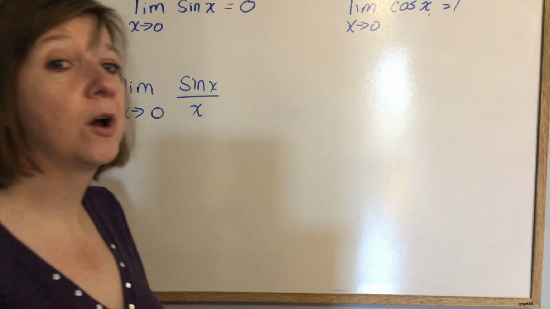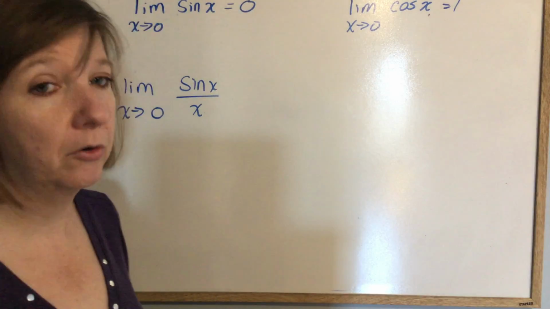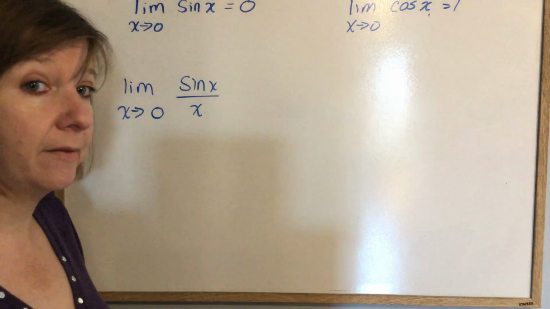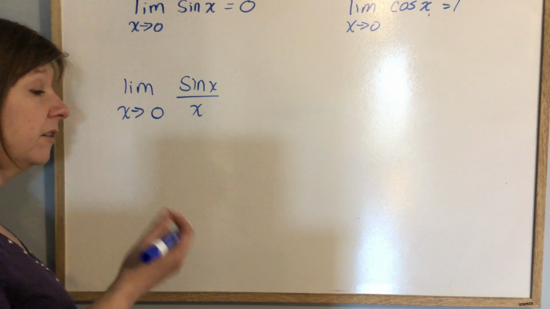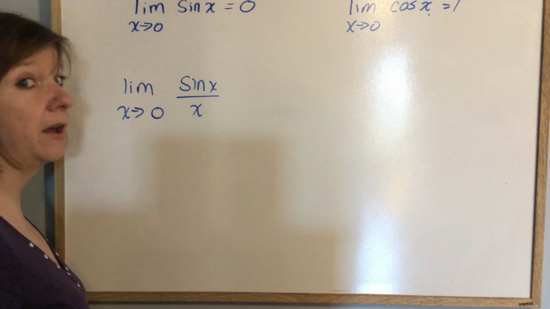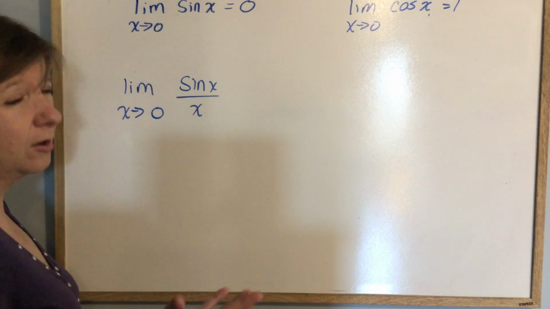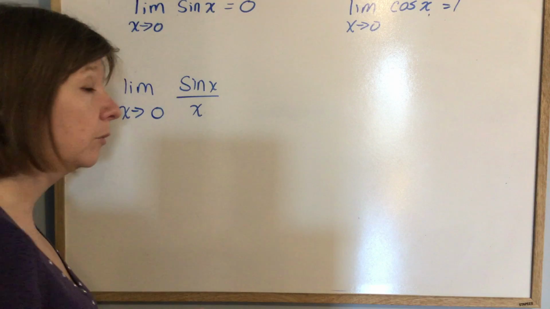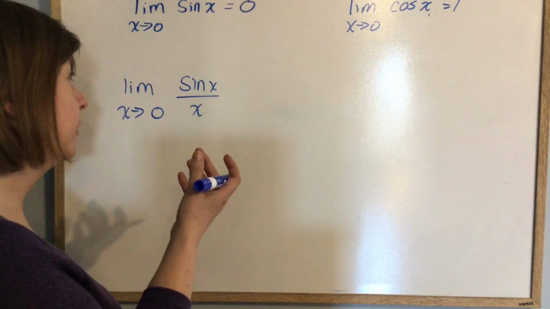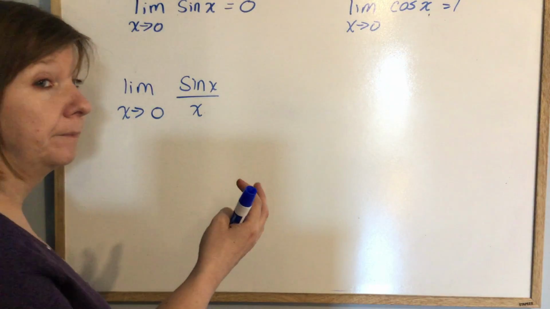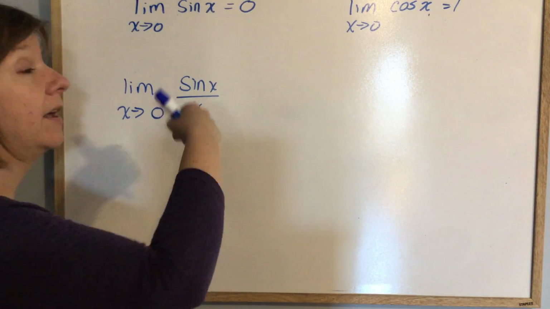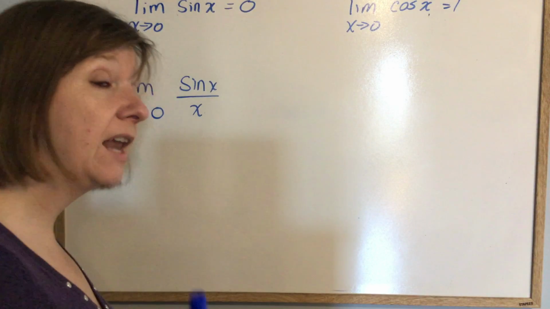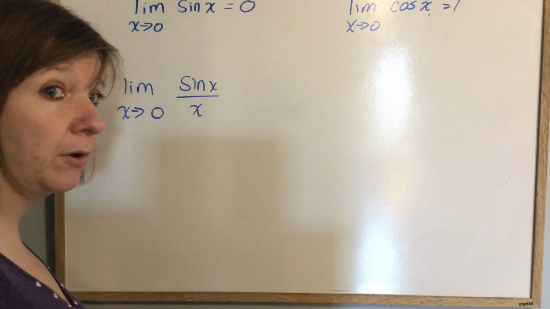Now this is one where it would be really important that your calculator be in radians, okay? So radians go from 0 to 2 pi, 0 to 360. They go beyond that, but that's the standard that we use. So if you did sine of pi divided by pi in your calculator and you had it in radians, it would spit out an answer.